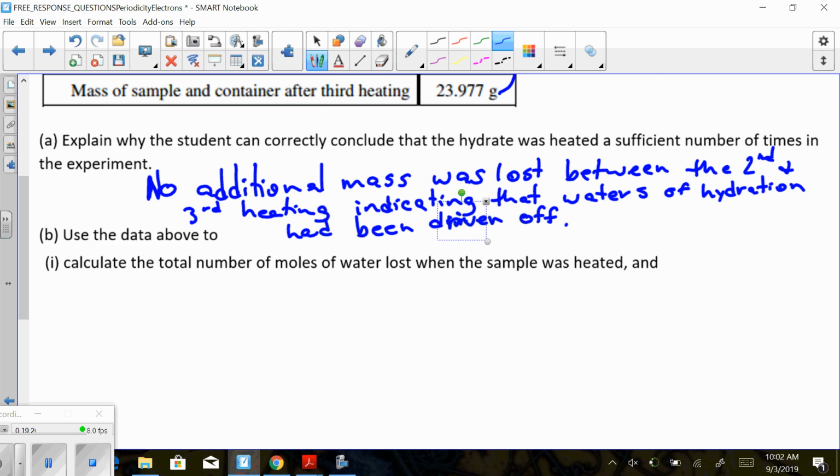Part B says use the data to calculate the total number of moles of water lost when the sample was heated.